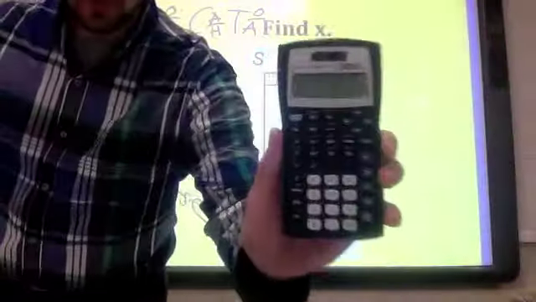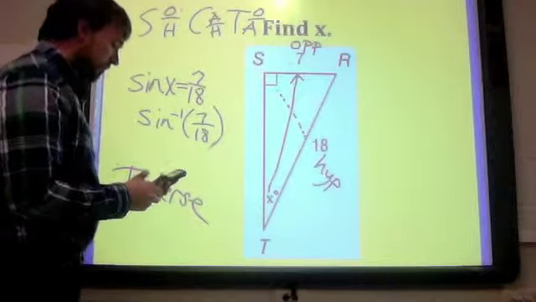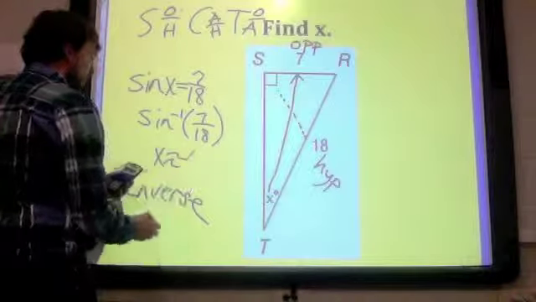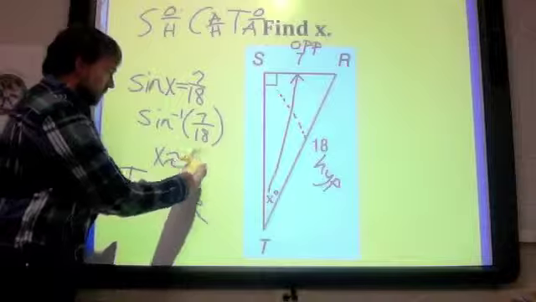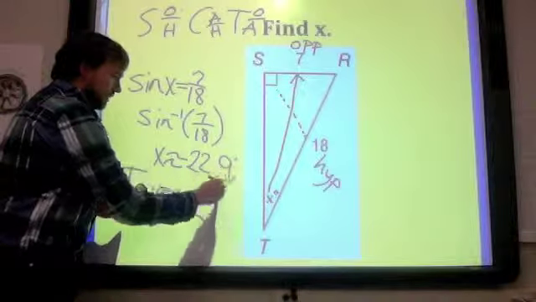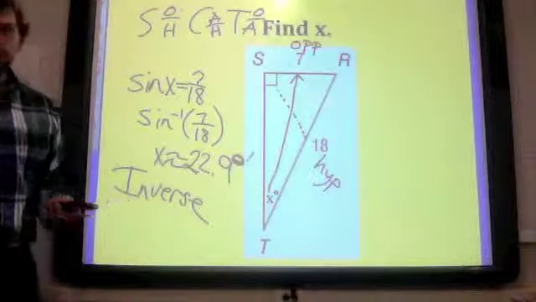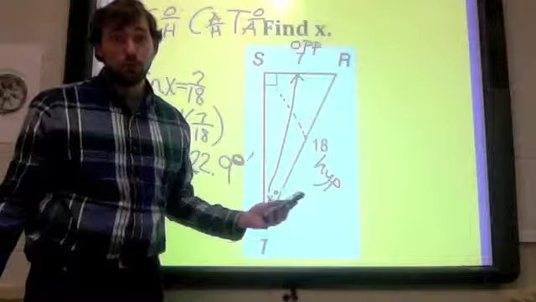That looks like this in your calculator. You hit enter, and it gives you a decimal. x is approximately 22.9 degrees. Why did I put that degree symbol? Yes, it makes sense. It's an angle.